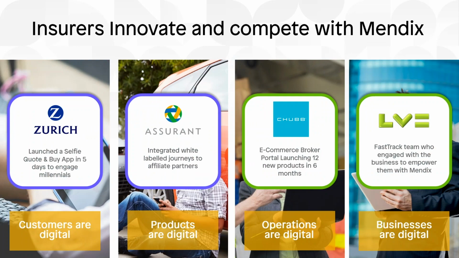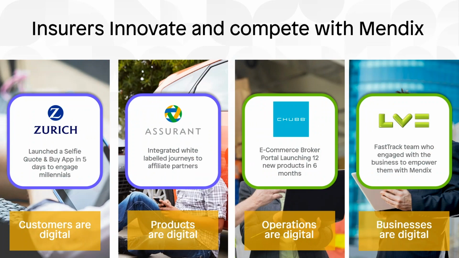They wanted to engage with a new demographic, specifically millennials. And the way they wanted to do this was to engage with them in a fun and intuitive way. So one of the business units came up with an idea, and that idea was to allow users to take a selfie and then get an instant quote for life insurance. They were able to build this in 5 days and test this out in the market and get new insights into what those millennial markets are interested in.